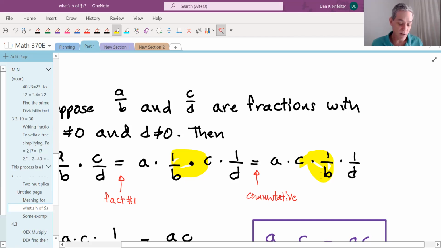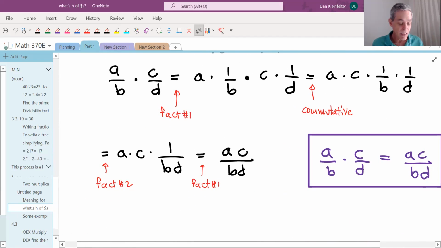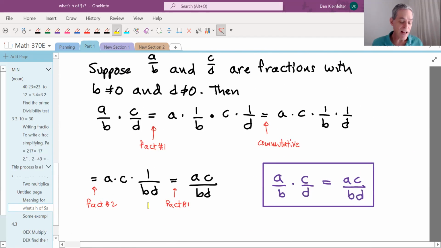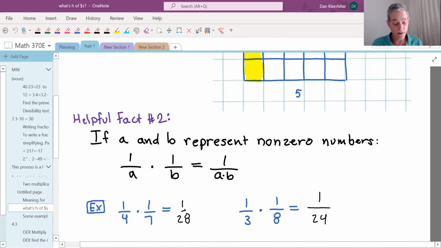The reason for doing that was just to make it so that the two fractions were right next to each other and the two whole numbers were right next to each other. Now, according to fact number 2, which we just developed a few moments ago, if you've got two fractions with 1 on top, you can multiply their bottoms together.